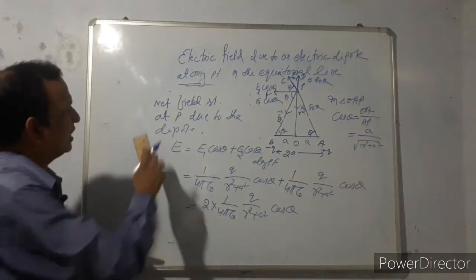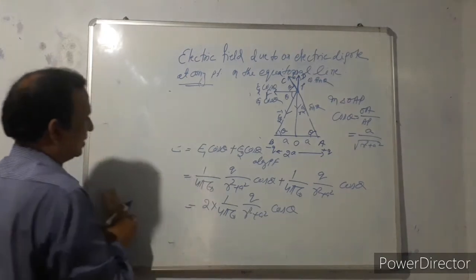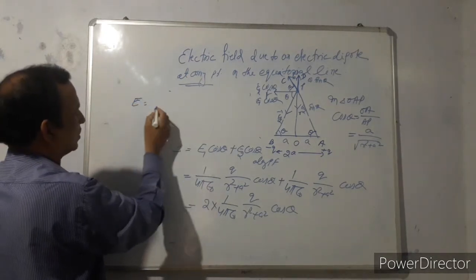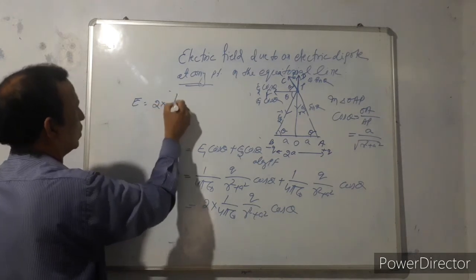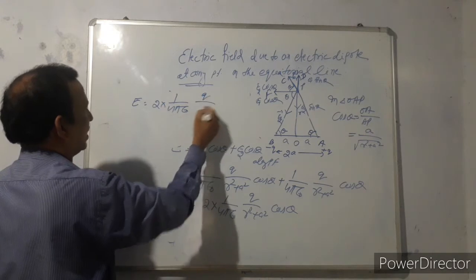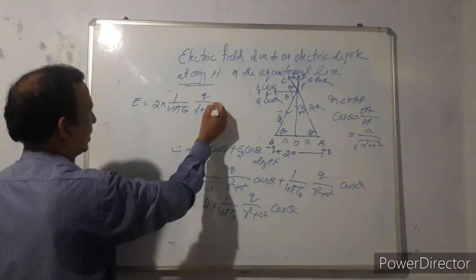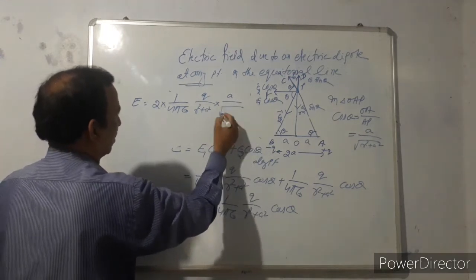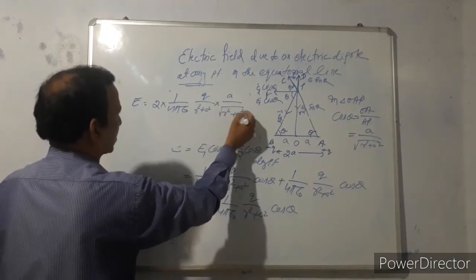Clear? So that is equal to 2 into 1 by 4 pi epsilon naught q by r square plus a square into a by root over r square plus a square.